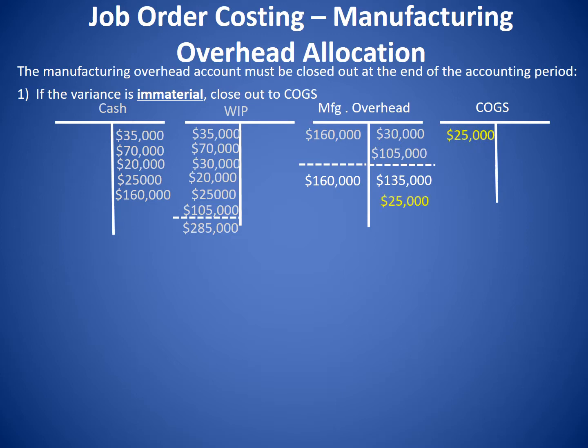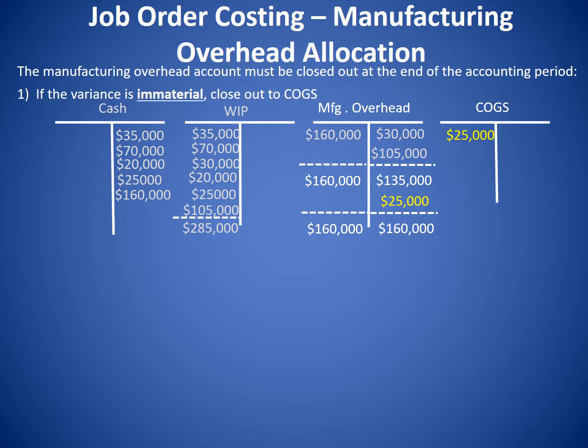Here's an example. In this case, I'm going to take the difference and flush it out. I'm going to debit cost of goods sold for the underapplied overhead, and I'm going to credit that to my manufacturing overhead account. And you can see now that both my debits and credits in manufacturing overhead equal each other.